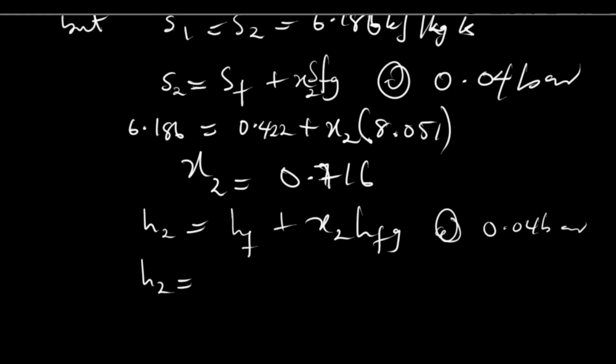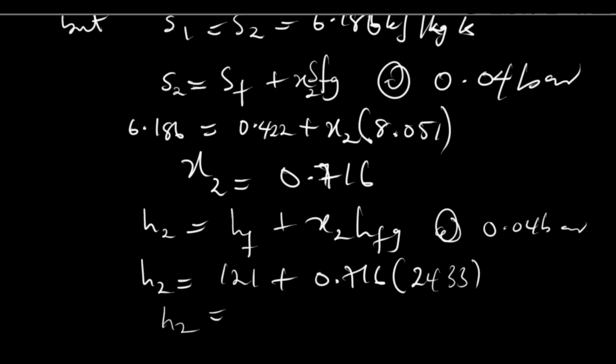So H2, our HF is 121 plus 0.716 into 2433. That is HFG. So H2 finally is 1863 kilojoules per kilogram.